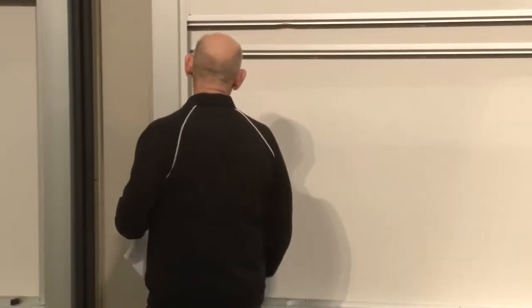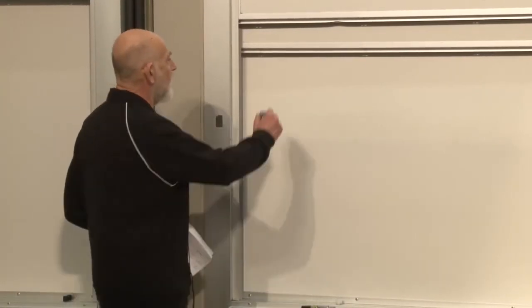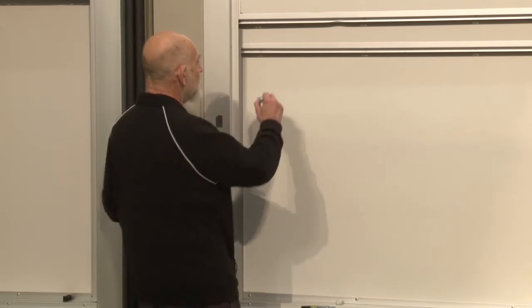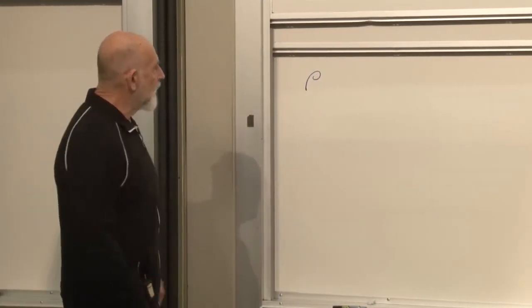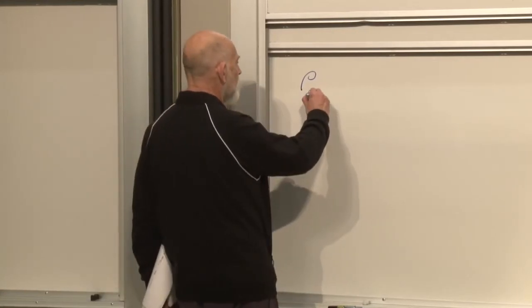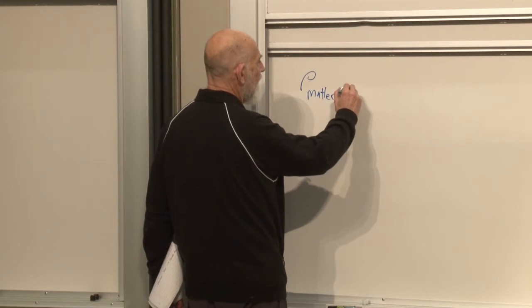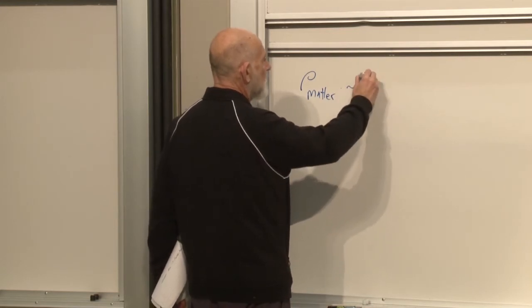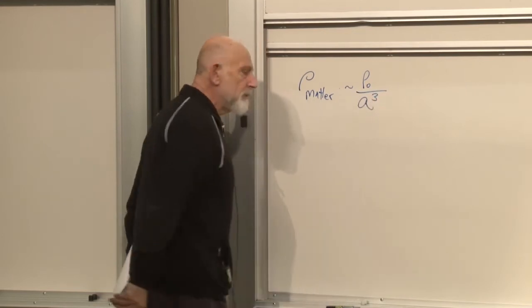The equation of state for radiation and the equation of state for matter led to two different formulas for the energy density in the two kinds of energies. The energy density in matter scaled like some constant, let's call it rho naught, divided by the scale factor cubed.